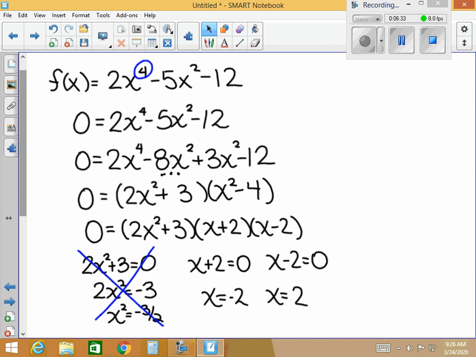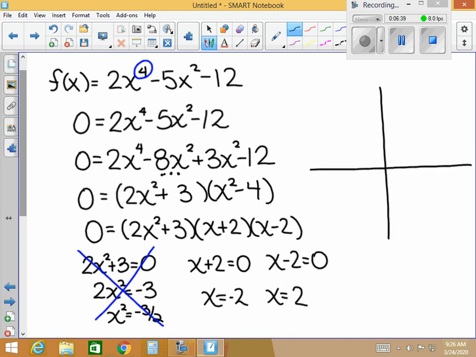When we go to sketch the graph of f(x), we combine all of our ideas together. The only two real solutions happen at 2 and at −2. So here at (2, 0) we cross the axis, and back here at (−2, 0) we cross the axis.